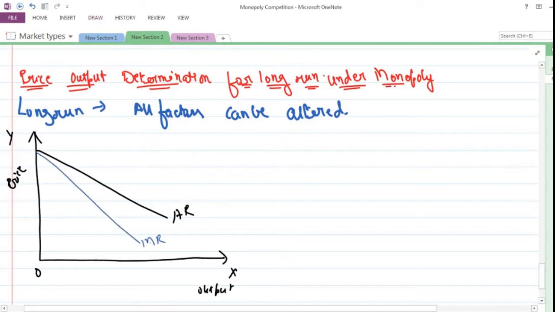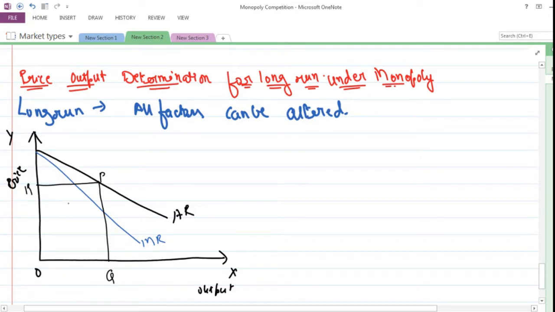As we see, AR is lying above MR. The price that is determined in this case is this. This is the quantity which is produced, this is the price that is determined, that is OR is the price and OQ is the quantity.